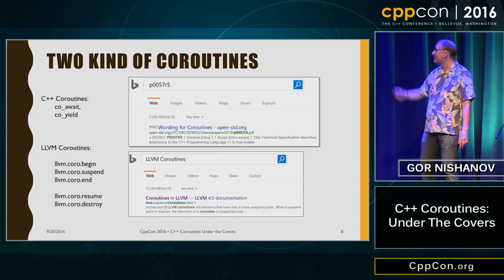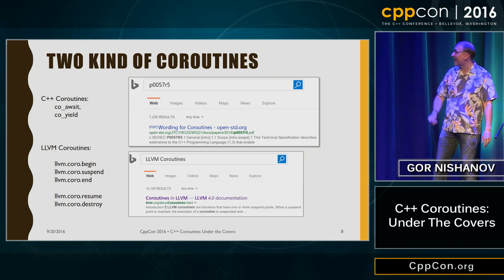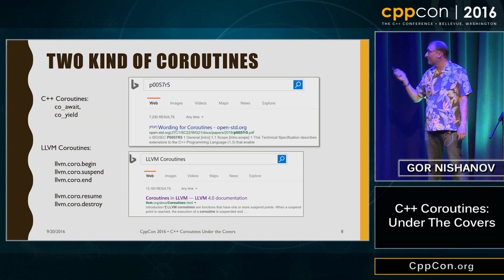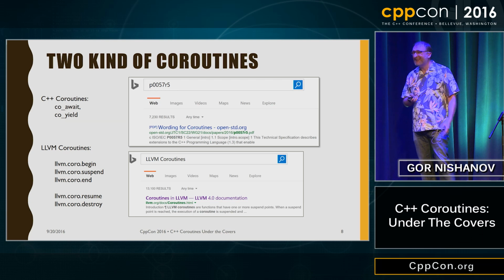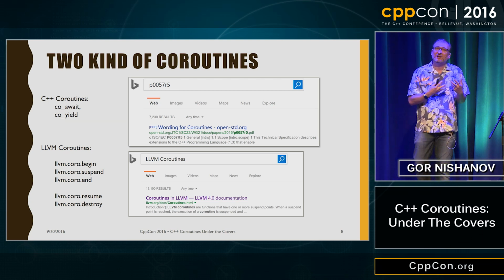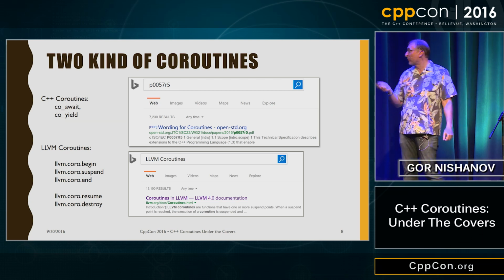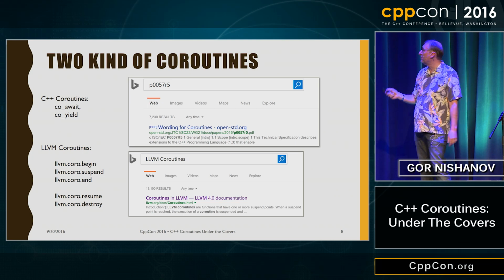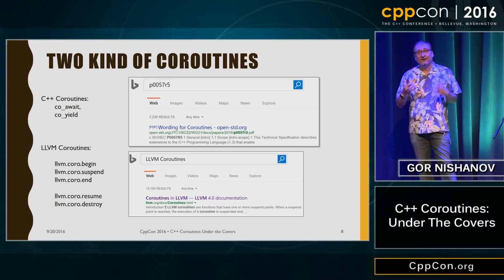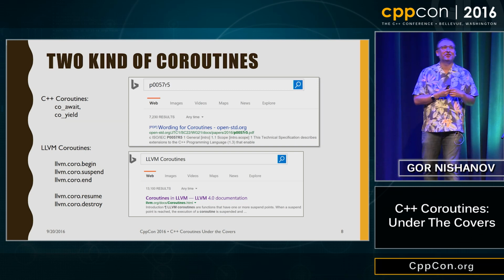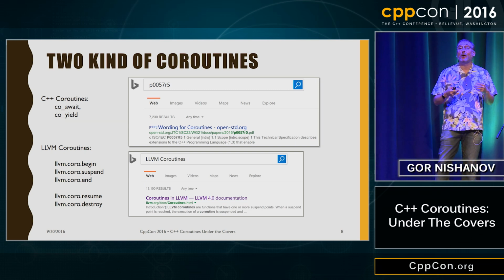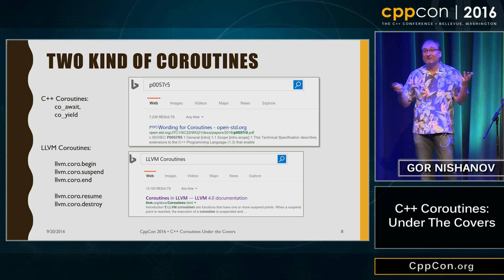They're defined by documentation at the LLVM website in LLVM 4.0. And essentially, it's also just a function with a bunch of intrinsics. Those intrinsics tell us where the coroutine begins, where it suspends, where it ends, and then there are two extra intrinsics which allow you to resume and destroy the coroutine.